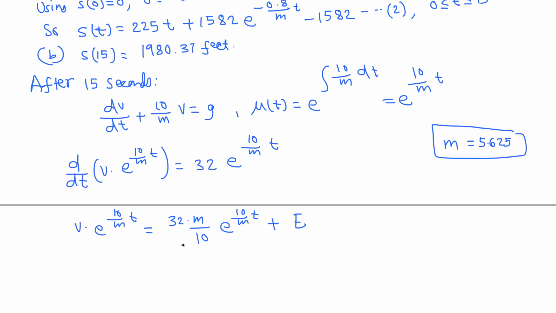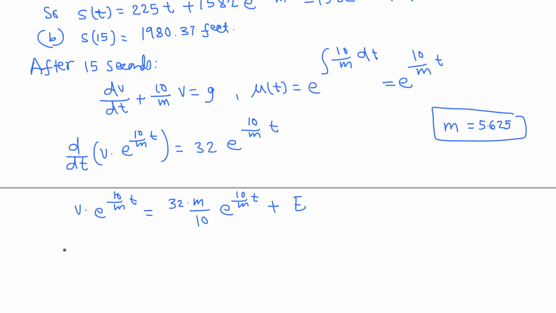Now we divide both sides by the integrating factor, then v as a function of t equals 32 times m over 10, that's 18, plus e times e raised to negative 10 over m t.